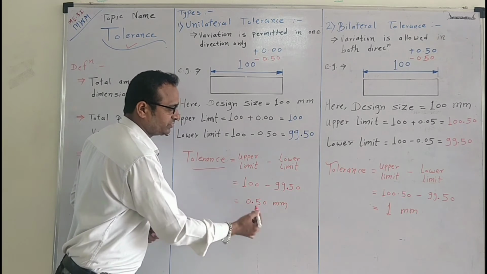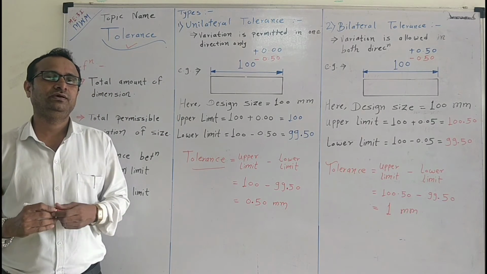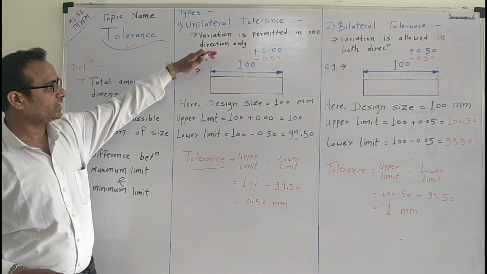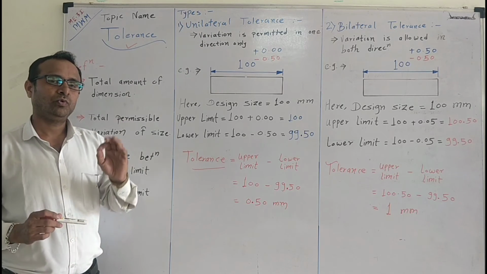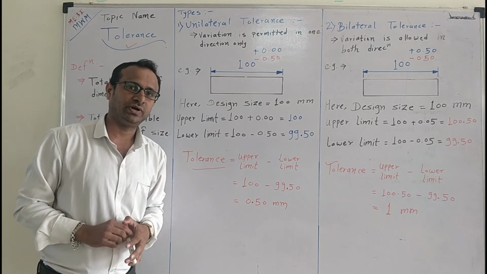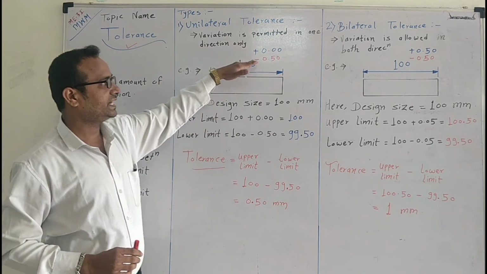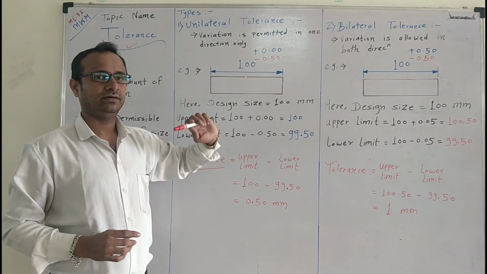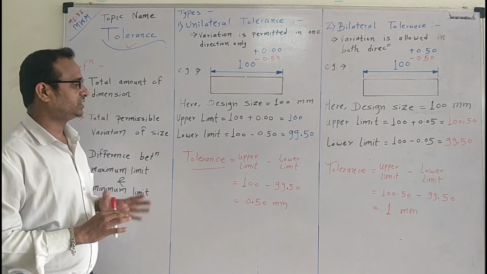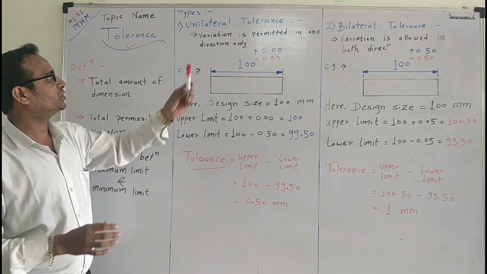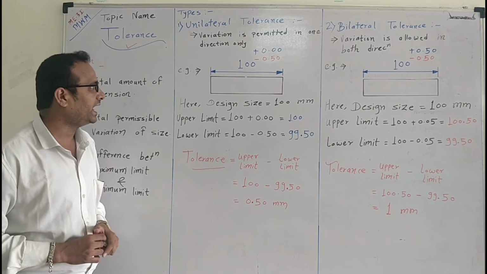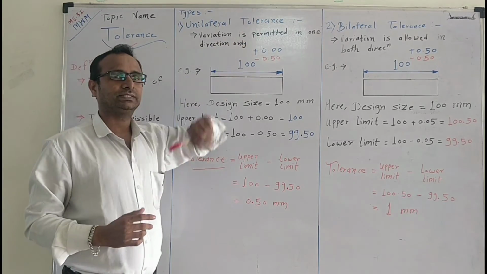So what tolerance do we get? 0.50 mm. What does it mean? For this object, 0.50 mm tolerance is provided on one side only, and which side? At the lower side. If it is provided at only one side, it is unilateral tolerance. You may also provide it at the upper side.